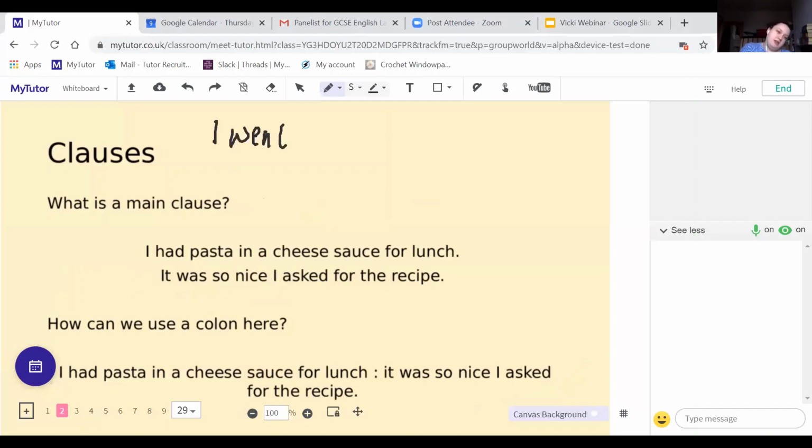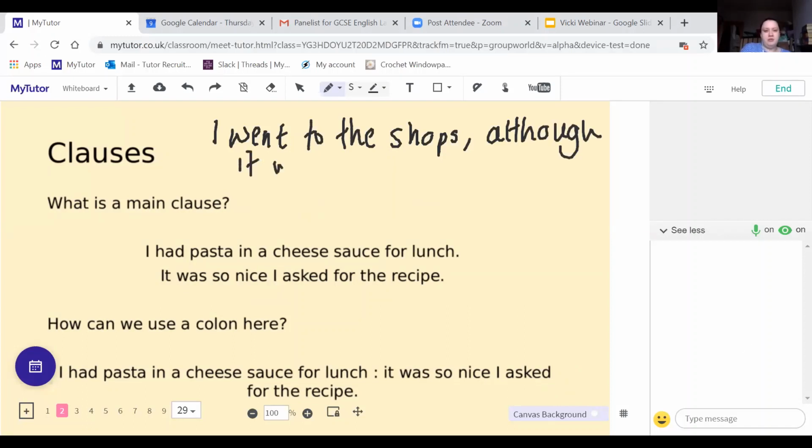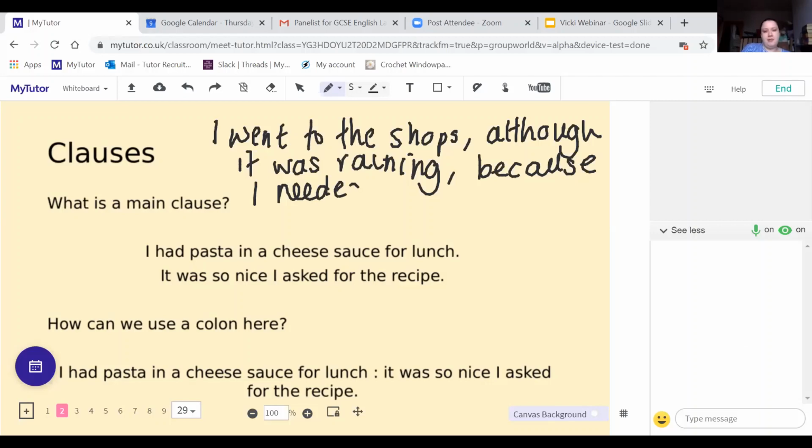I went to the shops, although it was raining, because I needed some pasta. I'm going for very carb-based examples this morning.